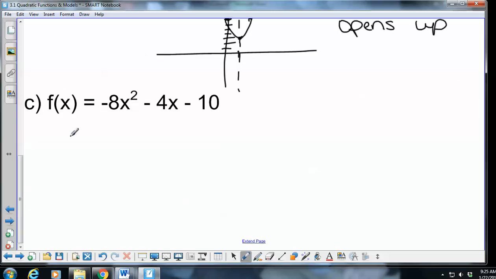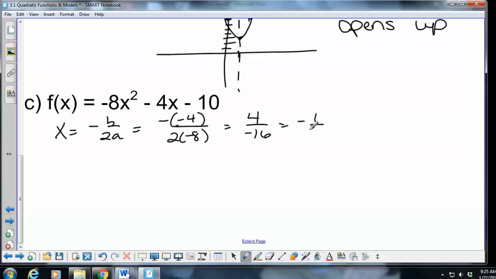Okay, C. So x equals the opposite of b over 2a. So opposite of -4 over 2 times -8. 4 over -16, which is -1/4. This one would have definitely been ugly to work with completing the square. To get the y value, plug that in.